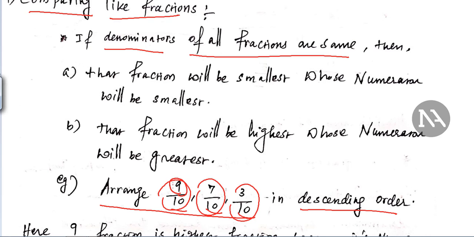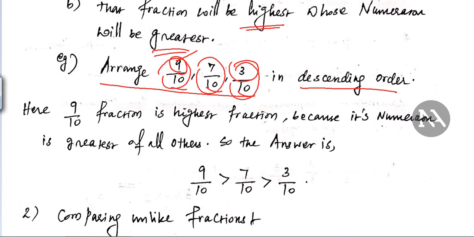So we have to find out which one is smaller and which one is greater with the help of the numerator only. In a like fraction, if the numerator is the greatest value, then that is the highest fraction. If the numerator is the smallest value, then that is the smallest fraction. So out of the 3 fractions, 9 by 10 is the greatest.